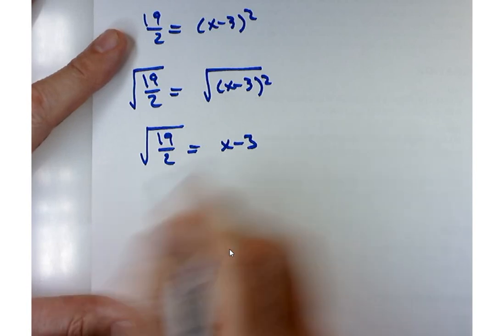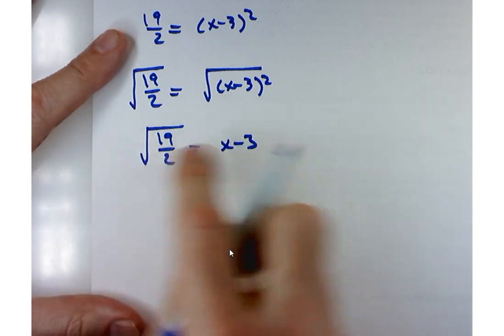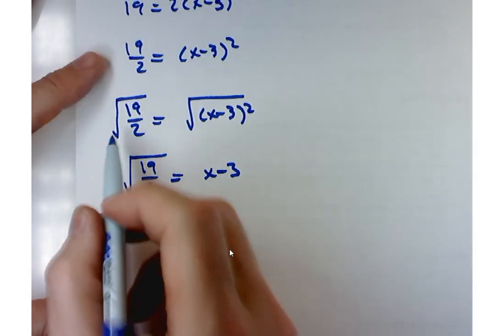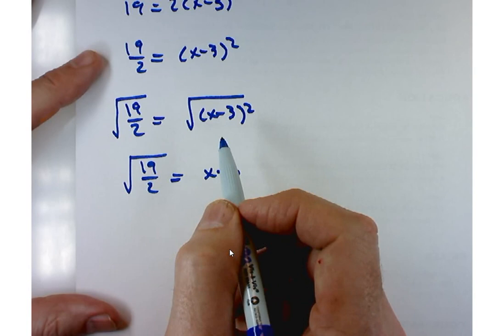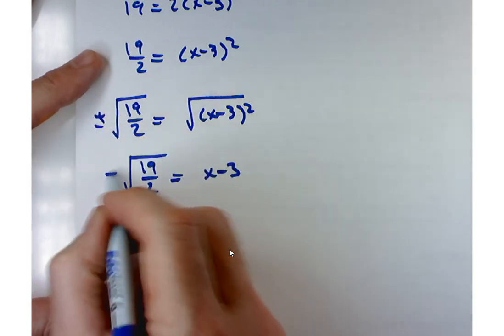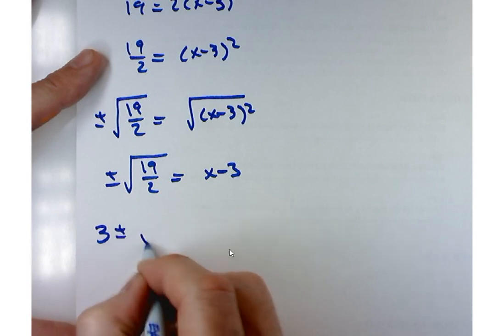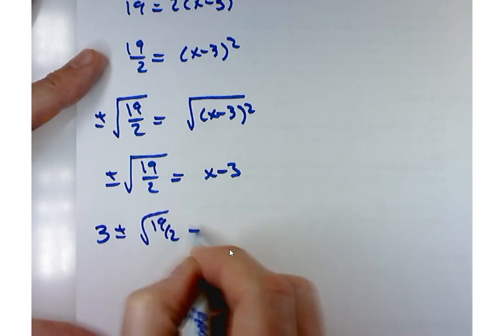And that is, I'm only going to get one solution. I know there's 2 solutions here. What did I forget? That's right. Plus or minus. And now when I move the 3 to the side, I get 3 plus or minus the square root of 19 over 2 equals x.